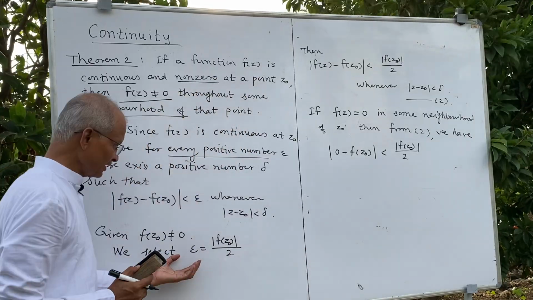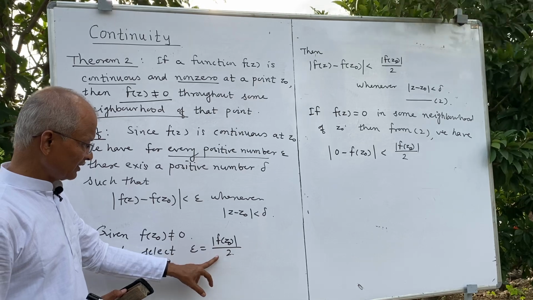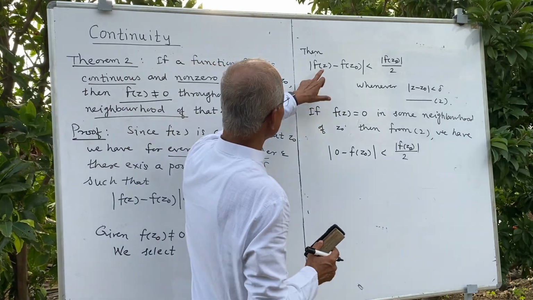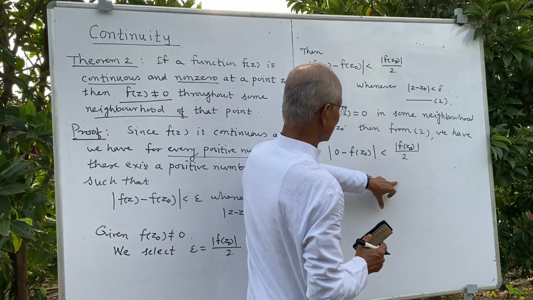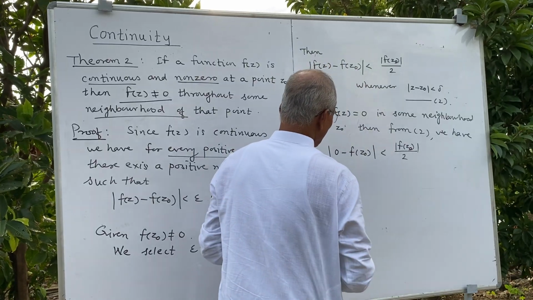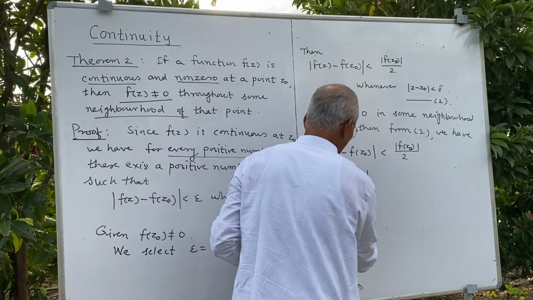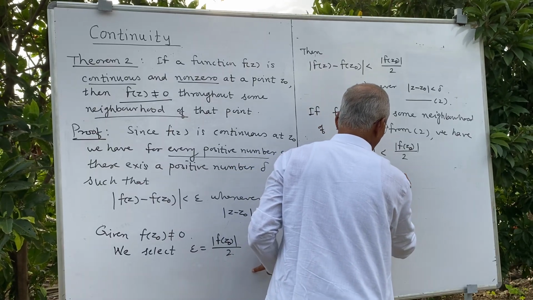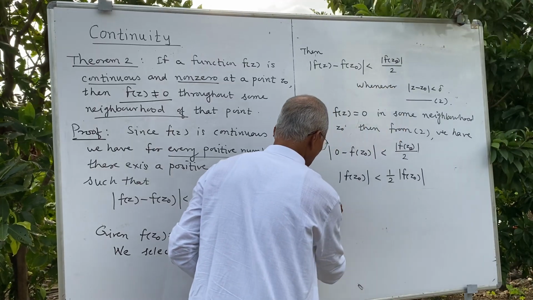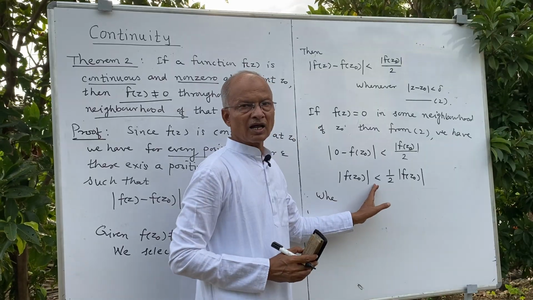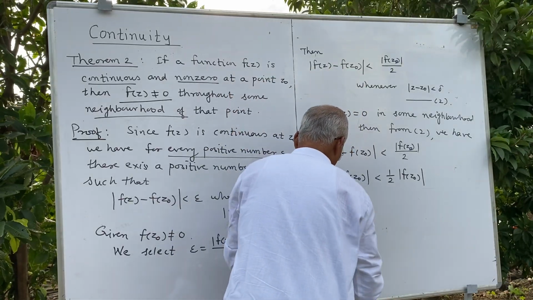Epsilon is at our choice, and we select epsilon as f of z naught divided by 2, because f of z naught is not equal to 0. So, if f of z is 0, then 0 minus f of z naught is less than this quantity, that means mod of f of z naught is less than half of mod of f of z naught, which is a contradiction. A positive value cannot be less than half of itself.